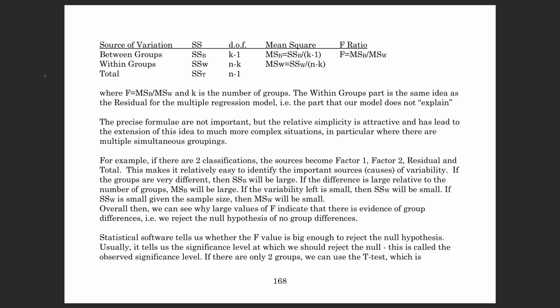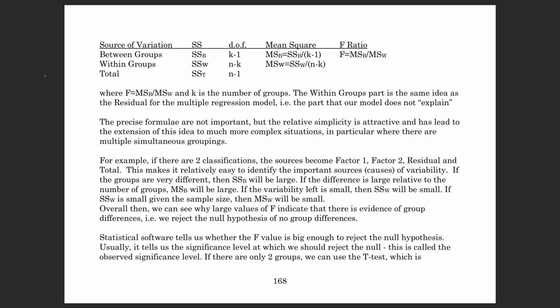The between groups part is the same as the model part in the regression model. So we can calculate the total sum of squares. That's again just the variability around the overall mean. The sum of squares within is the variability of our individuals from the group means, and then the SSB, the sum of squares for between groups, is just the difference.